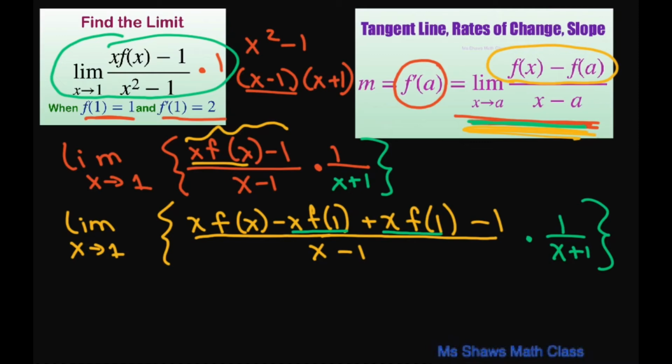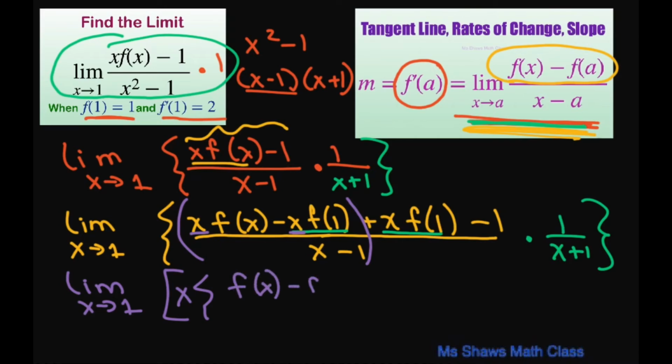So I'm going to take just this piece and write the limit as x approaches 1, and pull out a common factor x. So that's going to be x, I'll pull out there, and we have f of x minus f of 1 divided by x minus 1. So there's that piece.